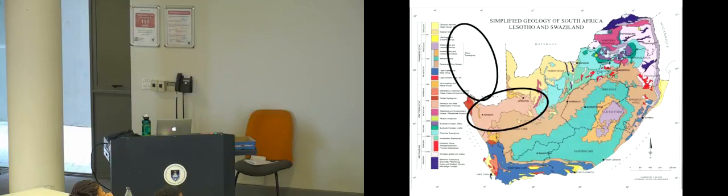The Quaternary is divided up into two epochs, and this is the Pleistocene and the Holocene.